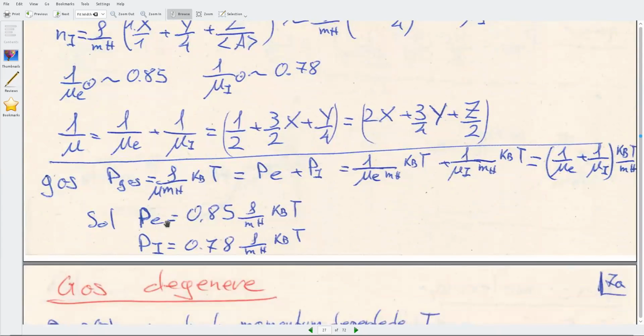You can see here that the pressure of the electrons is generally a little bigger than the pressure of the ions. Electrons are really smaller, but are definitely more, because, for example, hydrogen releases just 1 electron, but helium releases 2. So you have the double.